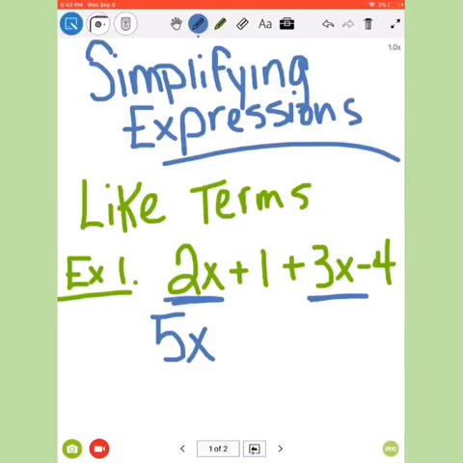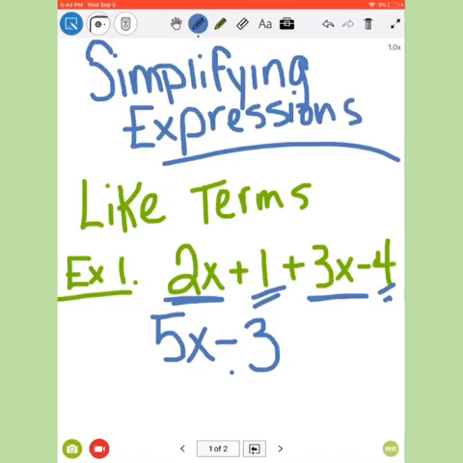And then we can see that we have 2 constants, 2 numbers without a variable. So we have a 1 and a negative 4, and they would combine to give us a negative 3, because 1 plus negative 4 is negative 3. Okay, so that's really simple. Those you probably don't even need a review with.